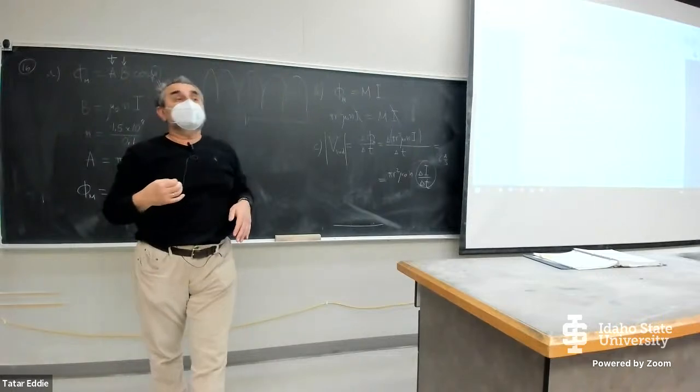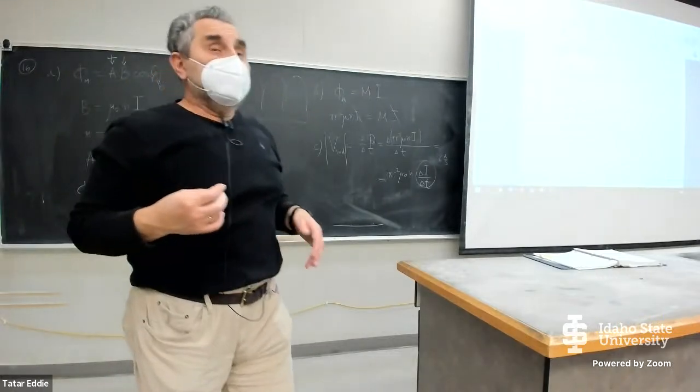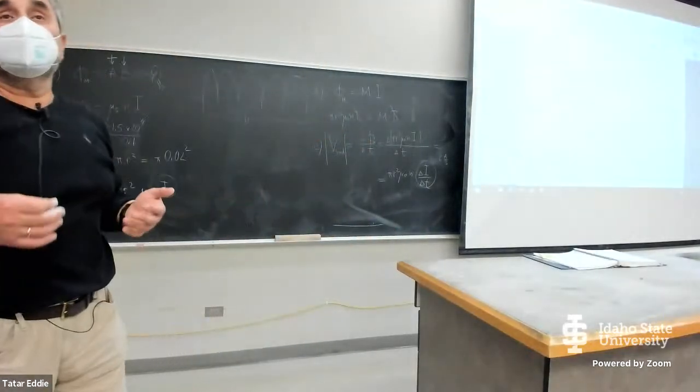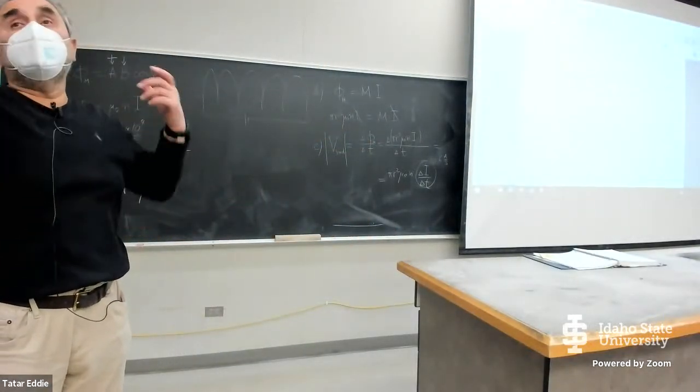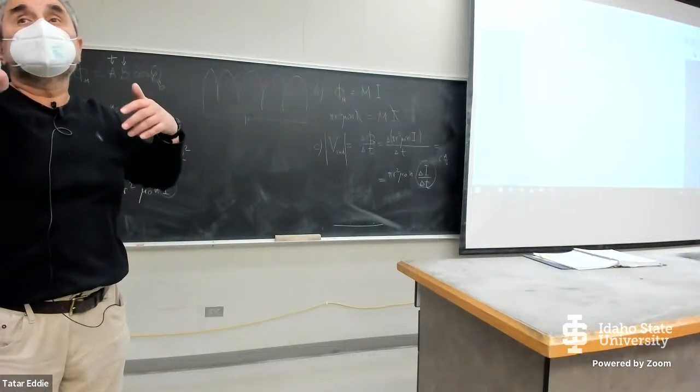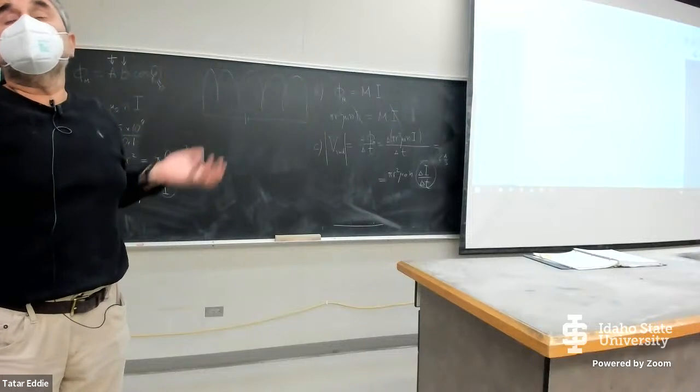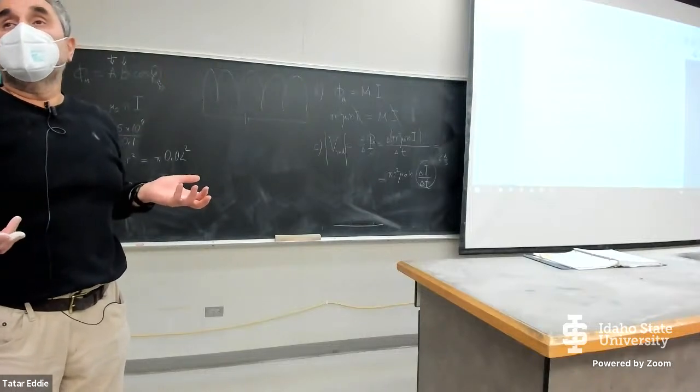If the loop is oriented in such a way that the magnetic flux that goes through that loop is always zero, doesn't change, the induced EMF also is going to be zero.